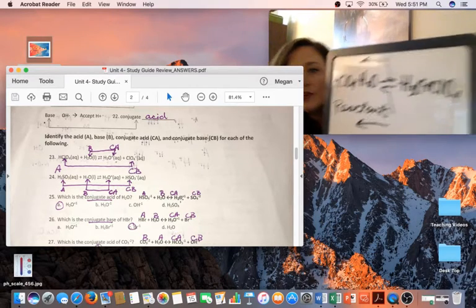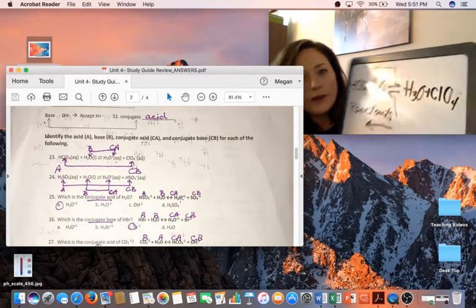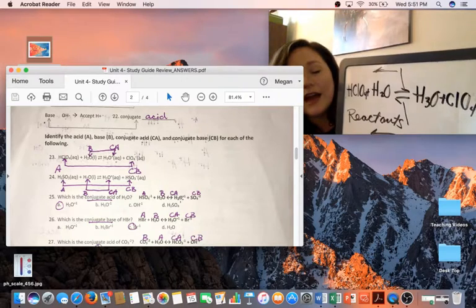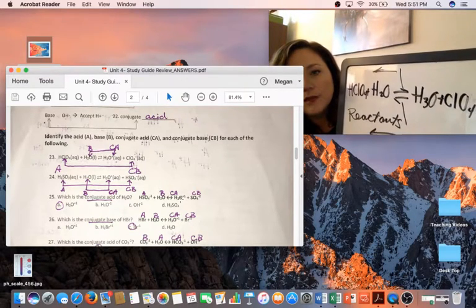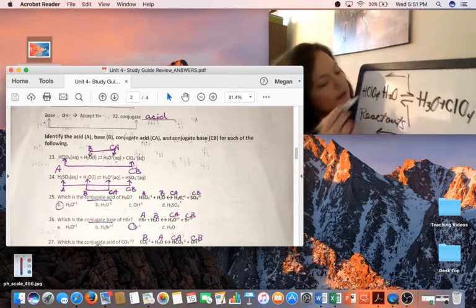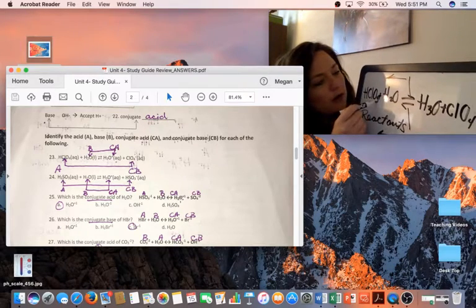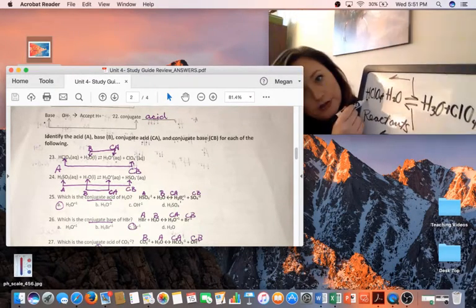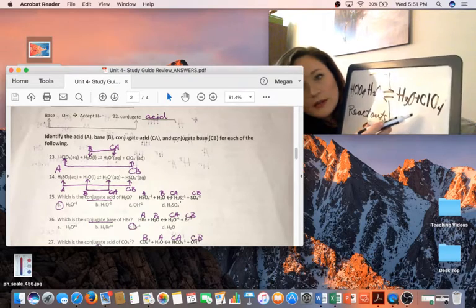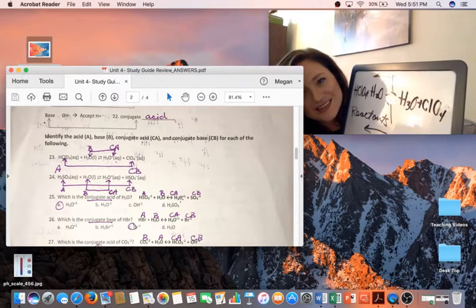So first, let's identify where the hydrogen is, who the hydrogen is leaving from. You'll notice that HClO4 has a hydrogen, but over here, ClO4 doesn't have a hydrogen.